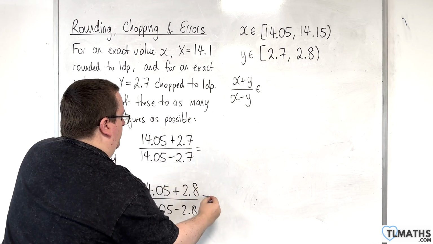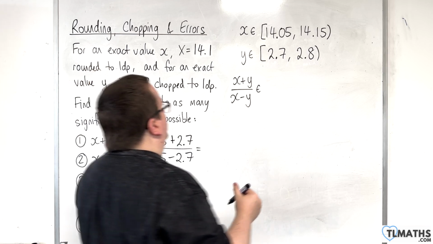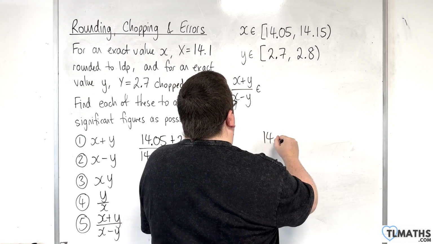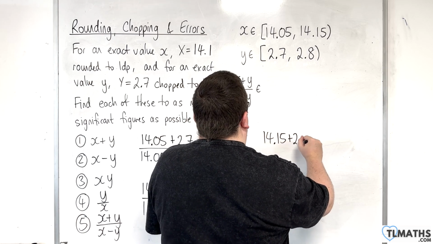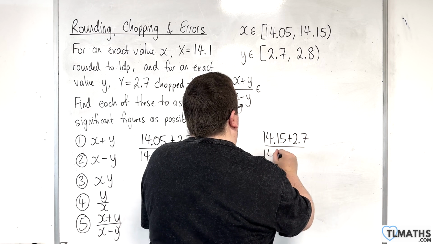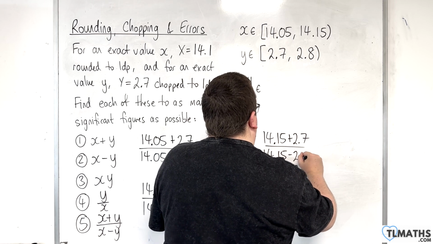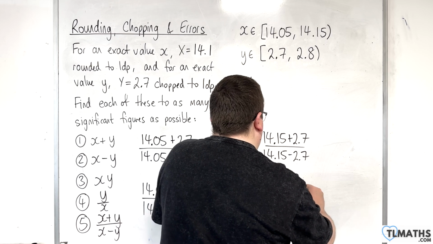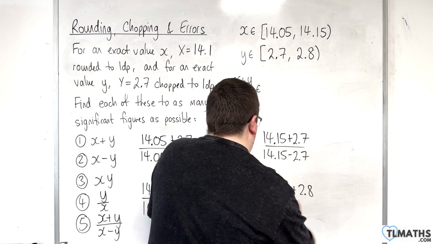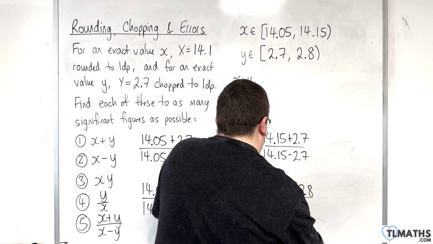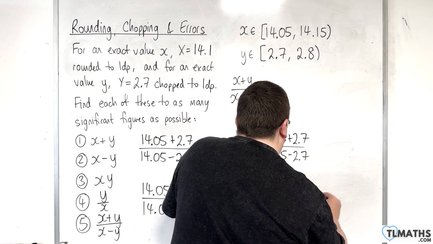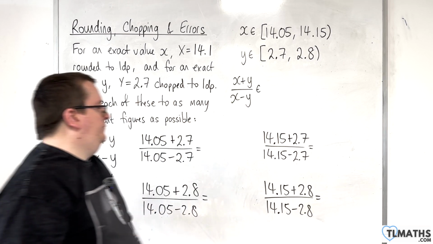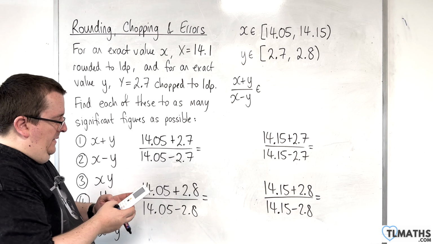Okay, we work out both of those. We're also going to need to work out 14.15 plus 2.7 over 14.15 take away 2.7, and 14.15 plus 2.8 over 14.15 take away 2.8. Okay, so let's see them.